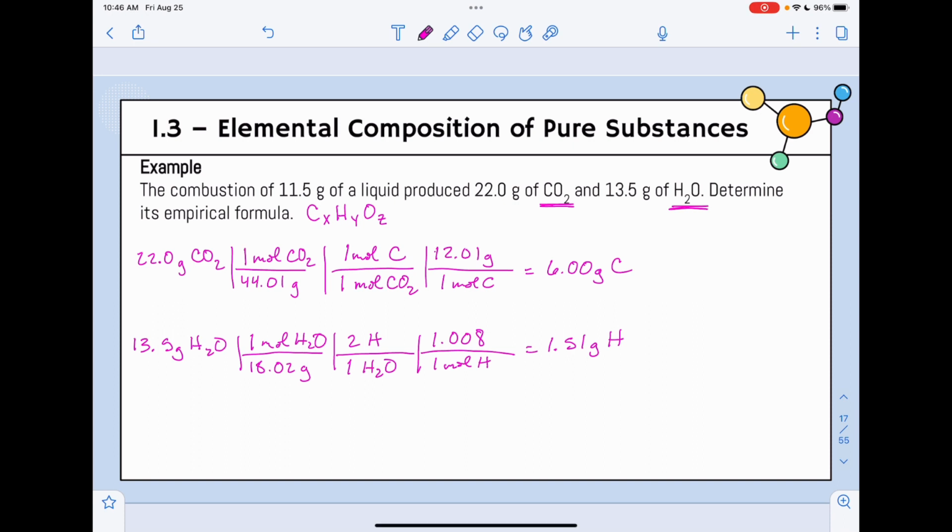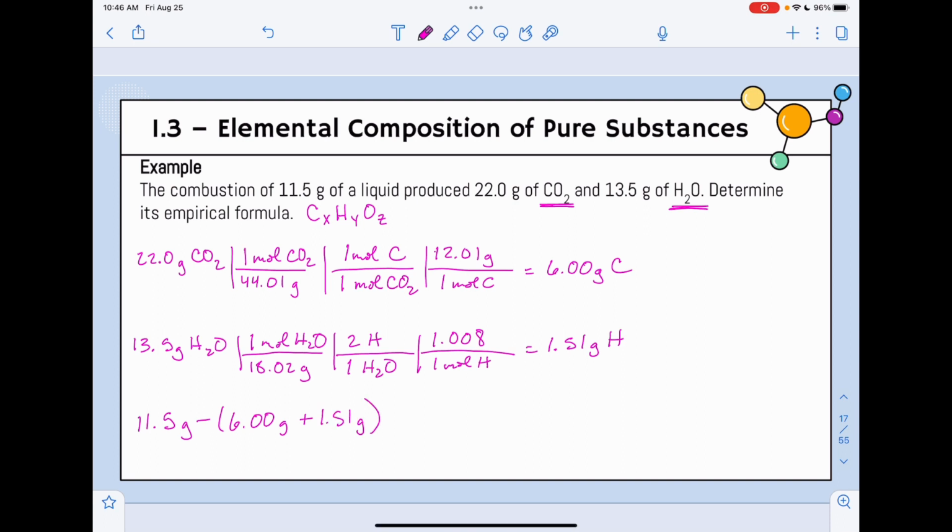Now, if I want to figure out how much oxygen, I'm going to take my total amount of liquid. Okay, so I started with 11.5 grams of my unknown liquid. And I've already figured out that 6 grams of that is my carbon, and 1.51 grams of that is my hydrogen.